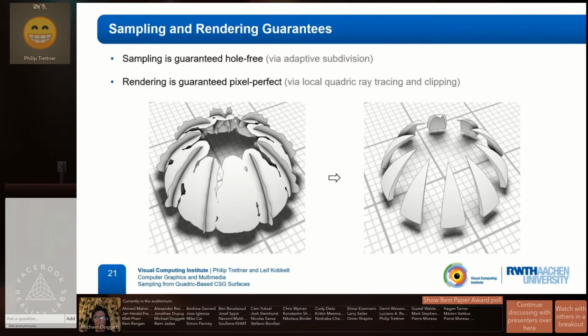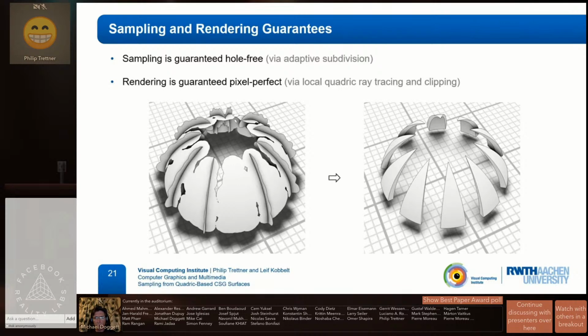Taken together, we have actually quite strong guarantees in our system. The adaptive subdivision sampling procedure guarantees hole-free rendering because it guarantees that for every point on the CSG surface, there's at most one splat on the same quadric within a certain user-provided distance.